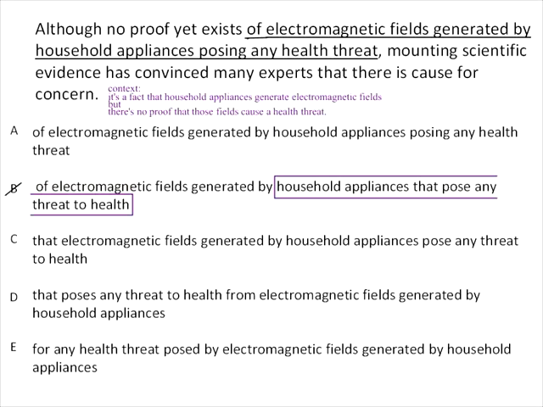So that's not correct. And then, D would mean that the proof itself poses a threat, because if you look at this modifier, there's a bunch of problems in this choice. So that's not going to make any sense either.